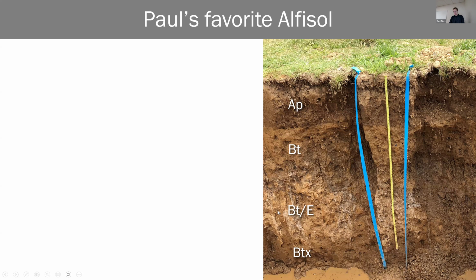We didn't really talk about glossic horizons in the diagnostic horizons, but it's essentially a breaking down E horizon. So we had an E horizon that everything's leached out of, and then it's starting to turn back into a Bt horizon.